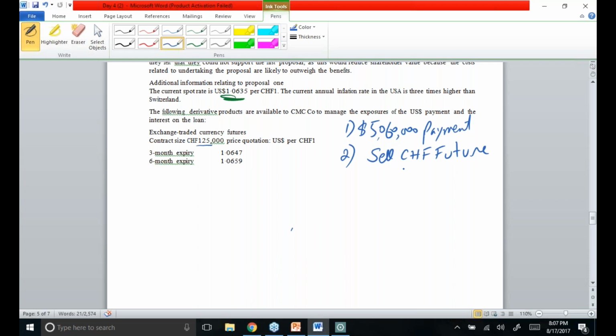Because if you sell CHF, ultimately you will buy the dollars, and after buying the dollars, you will pay the foreign supplier. And as you are making the payment after 4 months, you will select the 6-month expiry at 1.0659.